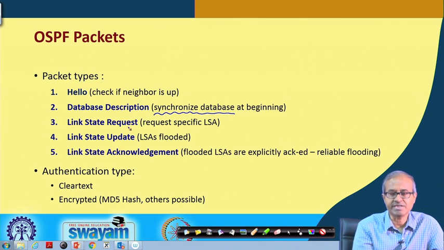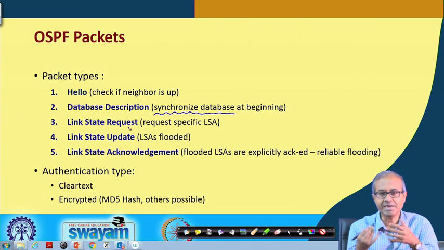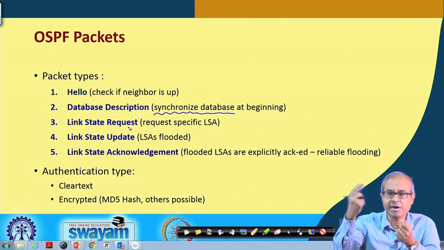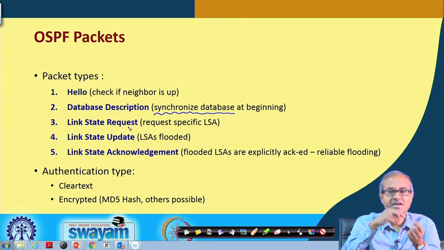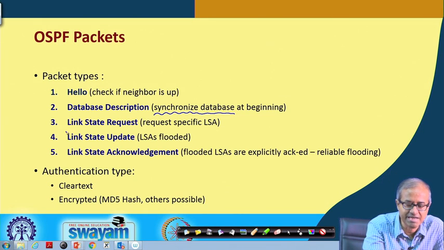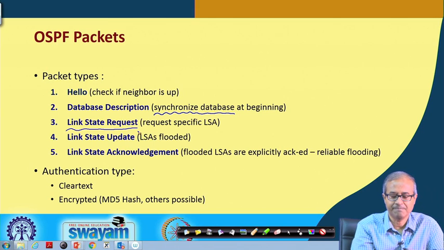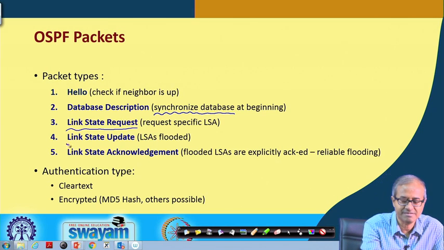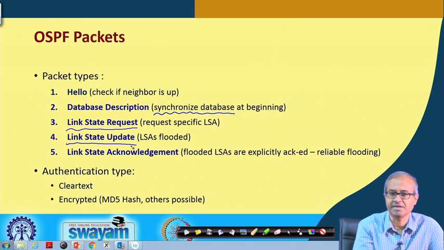Link state request: some router might, due to some reason, have lost its routing table. It might specifically request link state information from some other router. This is called a link state request, and the link state advertisement is the link state update.